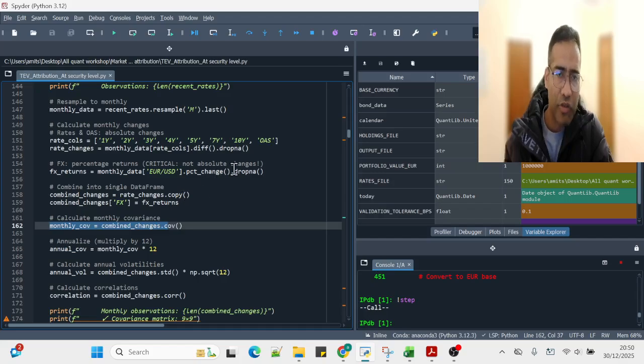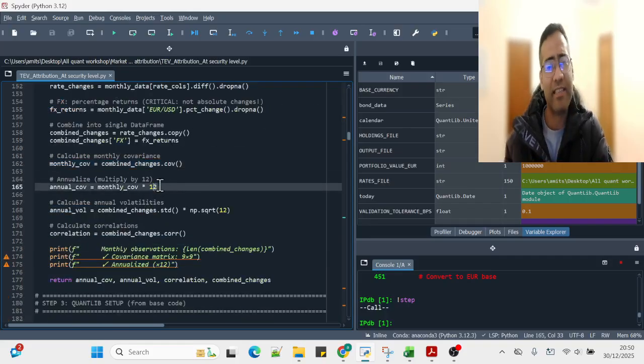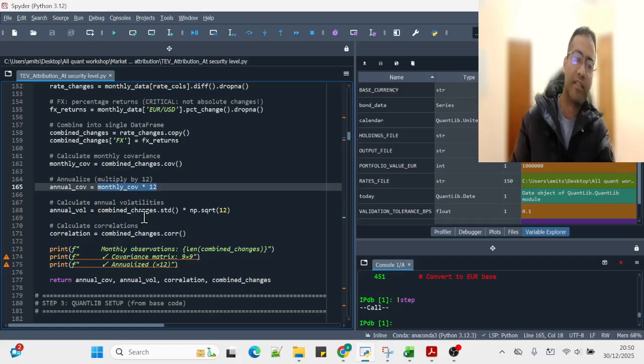Python provides a correlation and covariance function, and you can easily scale covariance to 12 months. You have done all this covariance calculation on monthly changes, right? So it is a monthly covariance, and covariance changes linearly with time, okay? Linearly, not with the square root.